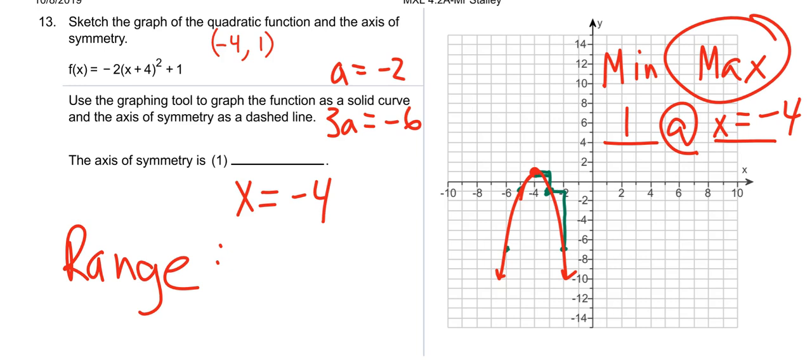It's not all real numbers. You said it's a max of 1, so it starts at 1 and it goes down. So how do I say that? Y is less than or equal to positive 1. We said the max was 1, so it has to be smaller than or equal to that.